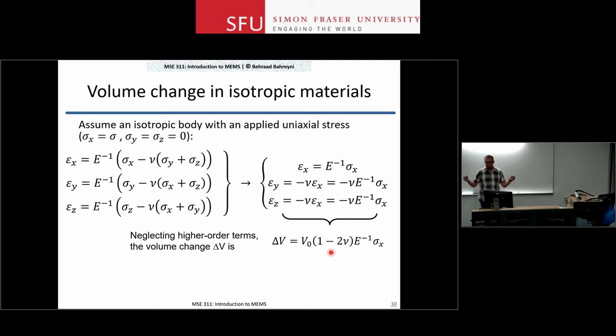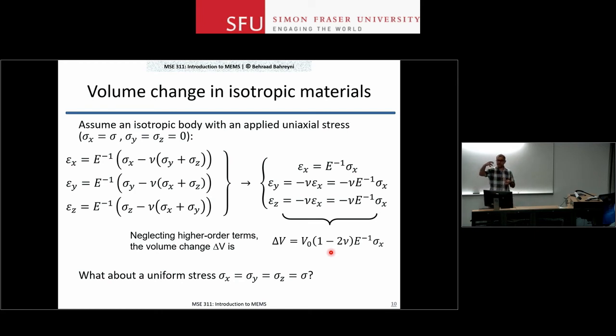So once you apply a strain to a structure, you will get some change in volume. It's not that the material redistributes itself and you get the same volume afterwards. You actually have a change in the volume of the material. And as an exercise, you can go home and see what happens if you apply the same stress in all directions.